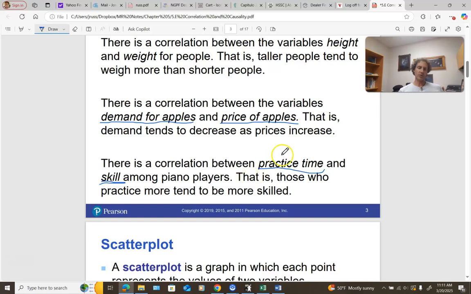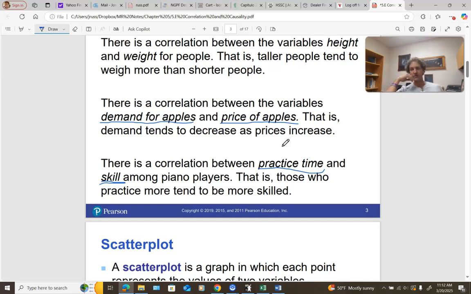We could also use an example in which the first variable is time spent studying for an exam, and then the second variable could be the actual score on that exam. Okay, so the more time you spend practicing, you would expect to see an increase in skill if you're a piano player. Or similarly, the more time you spend studying for an exam, that should correlate with a higher score on that particular exam.